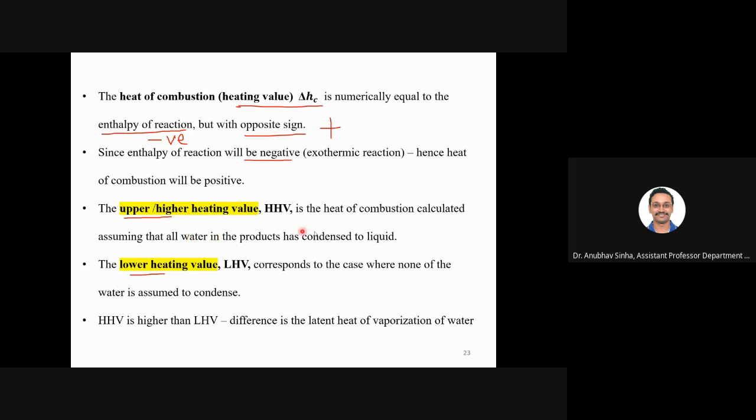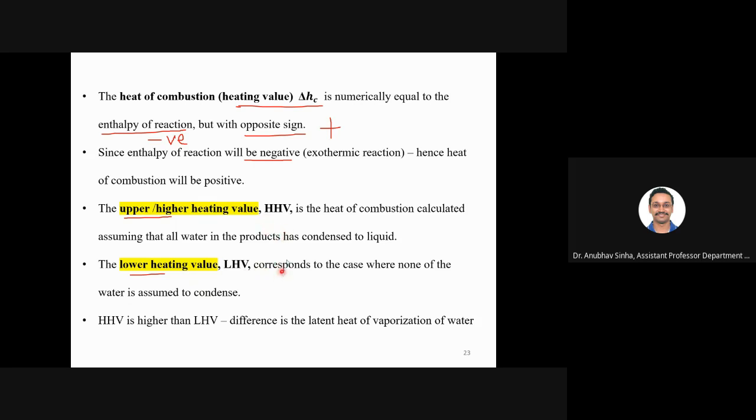So what is the difference? When you calculate this delta Hc, considering that in the products the water has condensed to liquid water, then you will get the higher heating value. And when you say that water is still in vapor form, it is not condensed, then we say that we get the lower heating value, LHV.